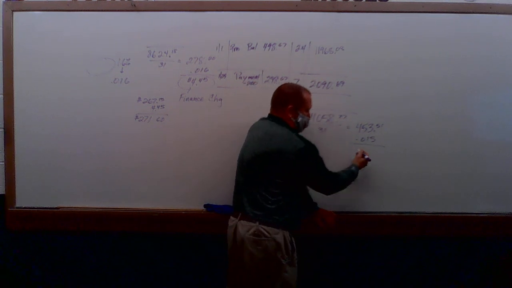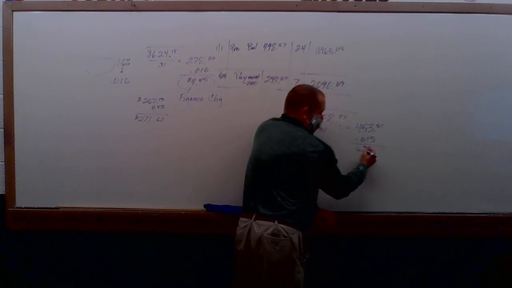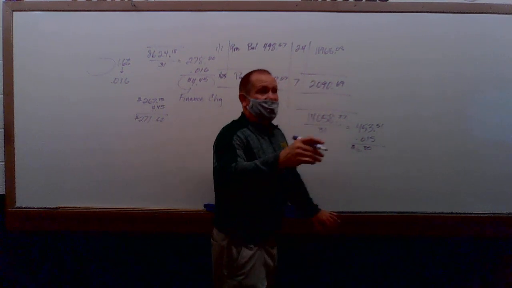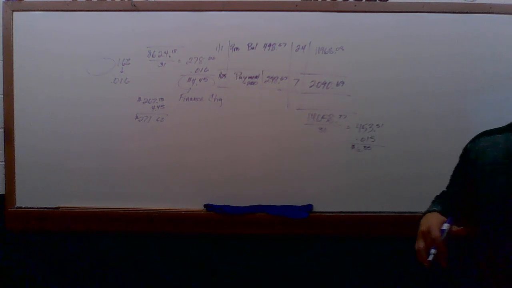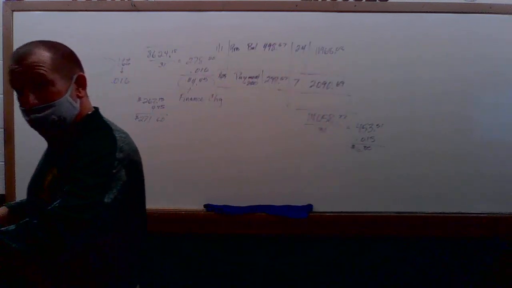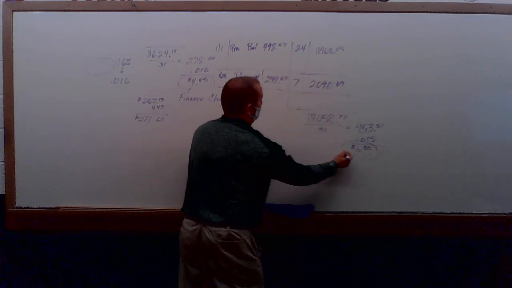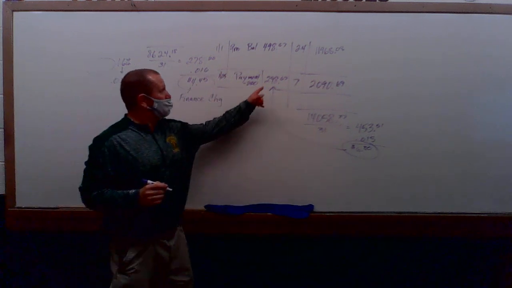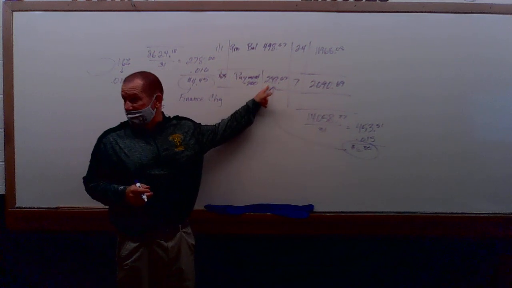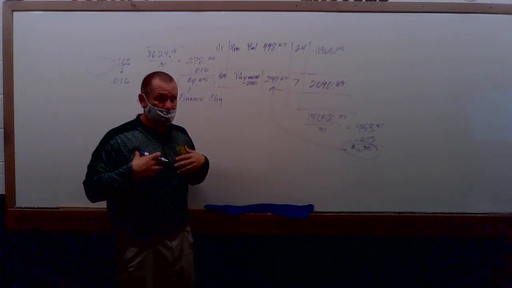And my finance charge was how much? $6.80. It asks for your finance charge. If it asks for the next balance, I add this back to that, because right now this is the total still on my credit card that I owe.